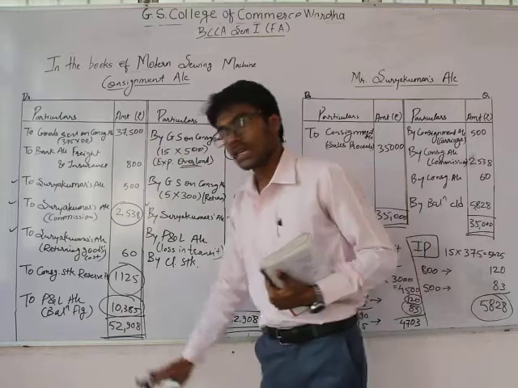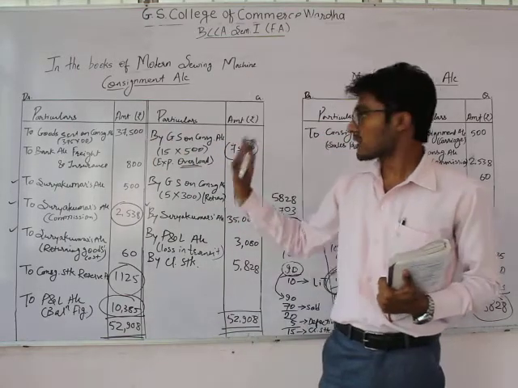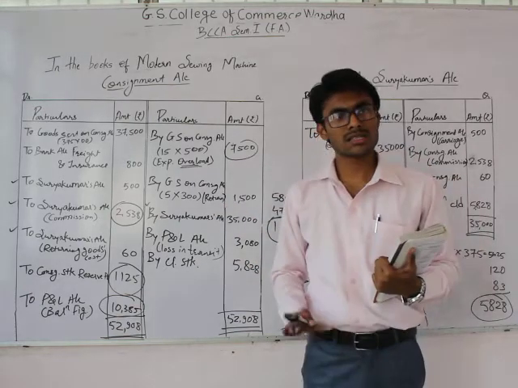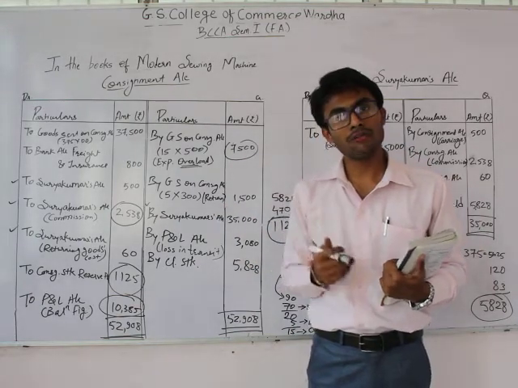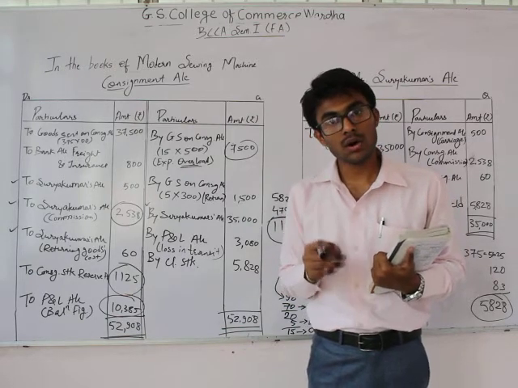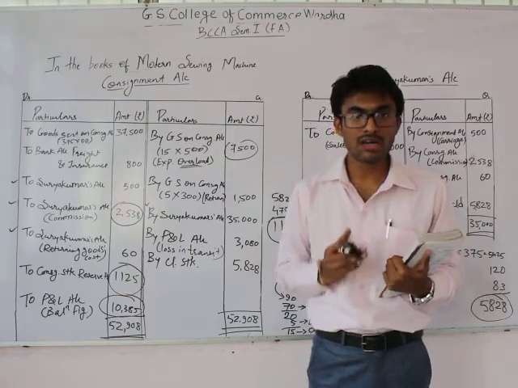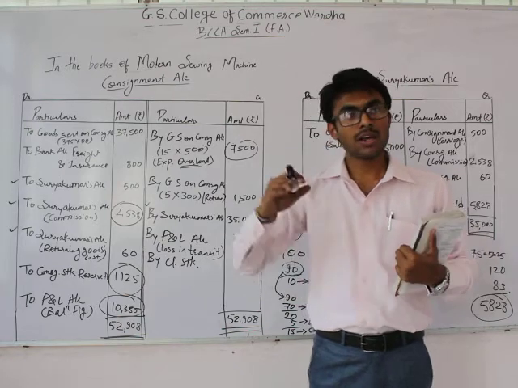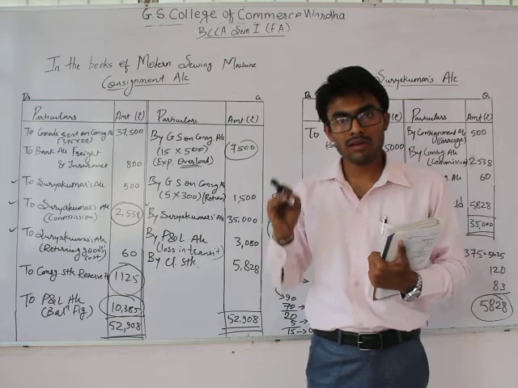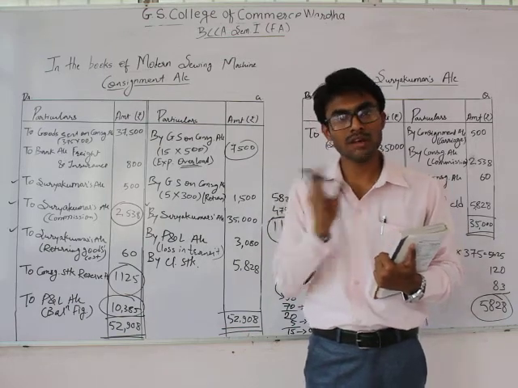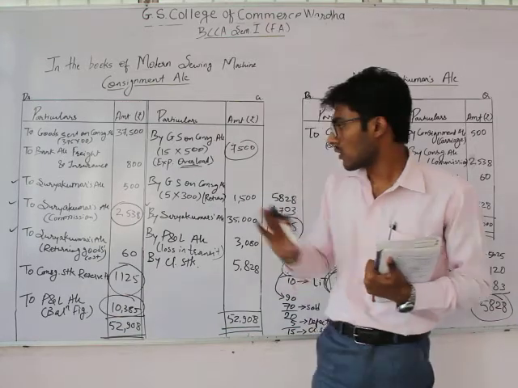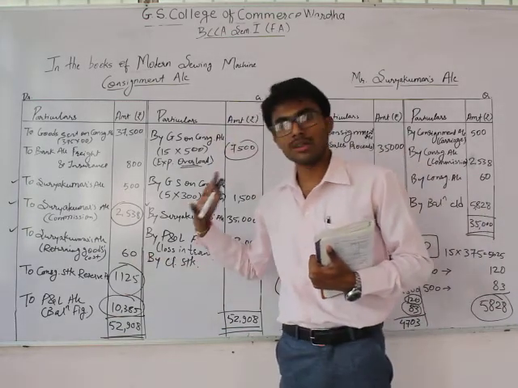So these are all the components of the consignment account, and to pass these entries quickly, you have to know the journal entries which we have covered in the previous lecture. If you have understanding of the journal entries which we have taken previously, then you can properly solve this.